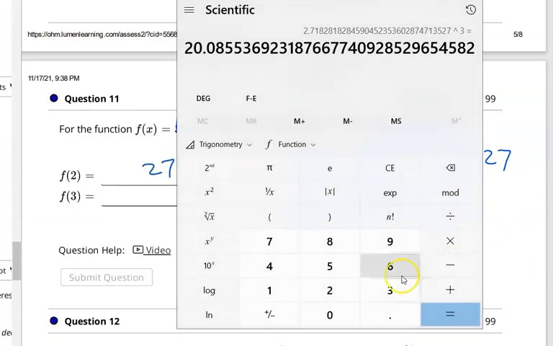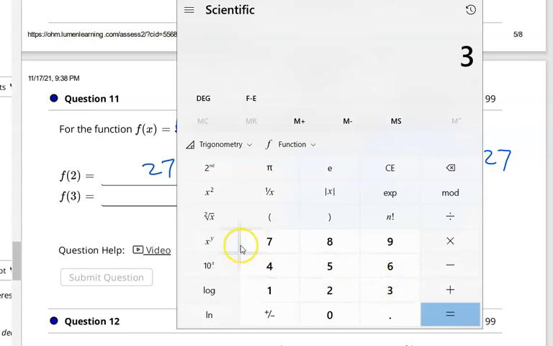We enter 3, x to the y, 5 is my exponent. 243.